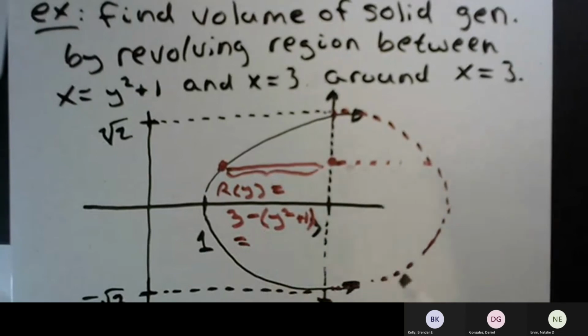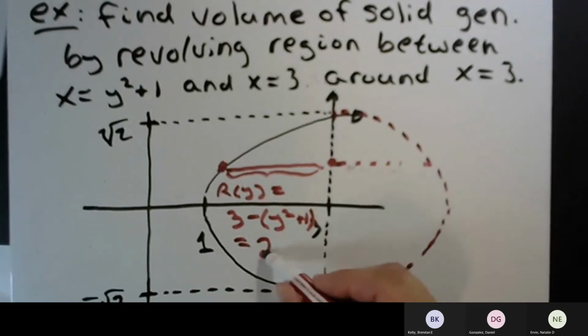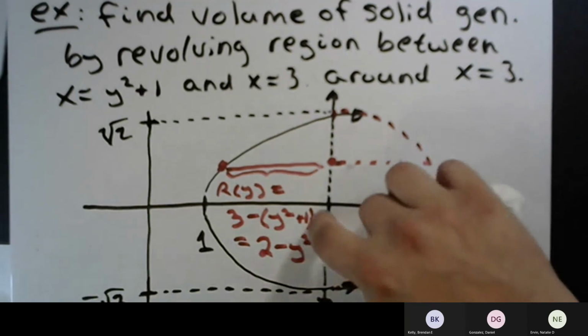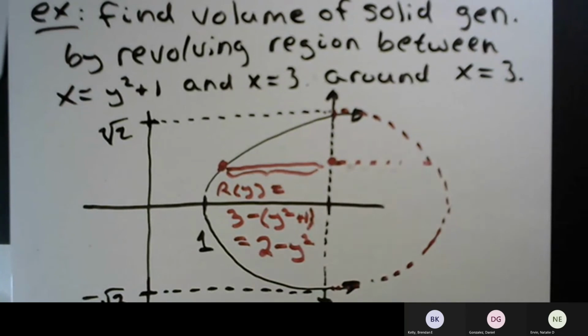And this will simplify to, sorry, I'm running out of space, 2 minus y squared. All right. Put the 3 over there. All right, any questions?